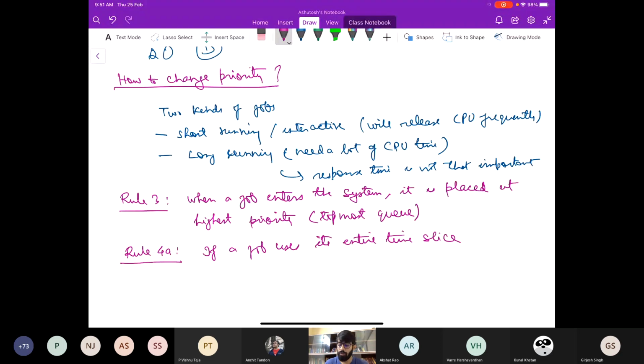There are these time slices for which each job runs. If it uses its entire time slice while running, then we decrease its priority by 1, let's say.